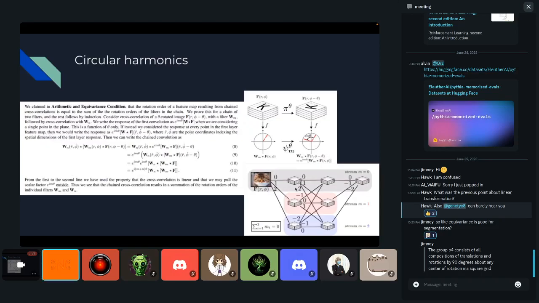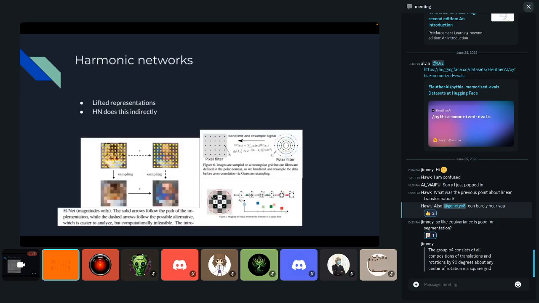So here, if you have an order 1 feature map, we have 3 possible filters, one going to 0 rotation order, one going to 1 rotation order, and one going one higher. They just take the value of the circular harmonic at that point and multiply it by the value of the image at that point. And when you do that, your center of rotation stays a center of rotation, so your whole function is still equivariant.